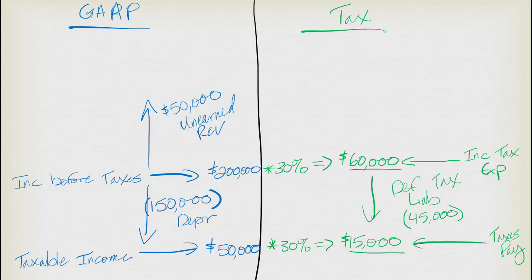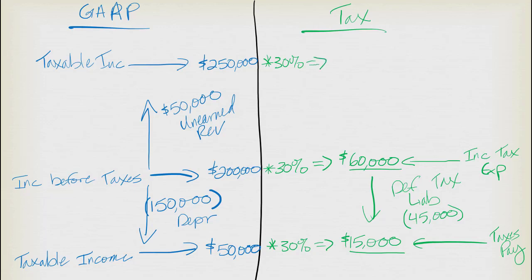So now 200,000 plus 50,000, my taxable income will be $250,000. Again, 30% tax rate.